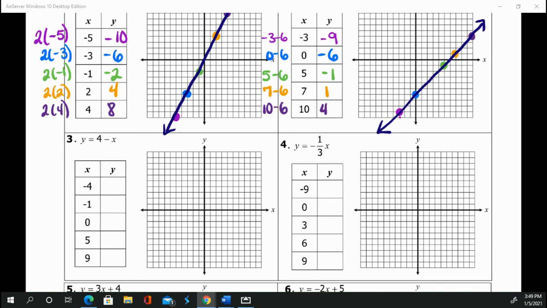Number 3, we're using the equation y equals 4 minus x. So when x equals -4, now when we subtract a negative, we add a positive, so y equals 8. When x equals -1, y equals +5. When x equals 0, y equals 4.